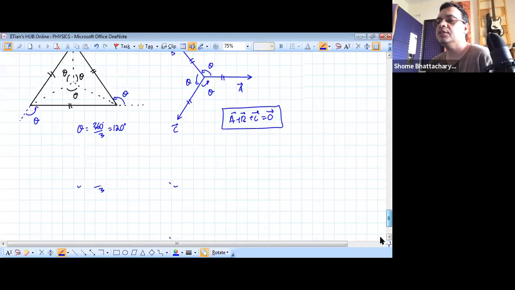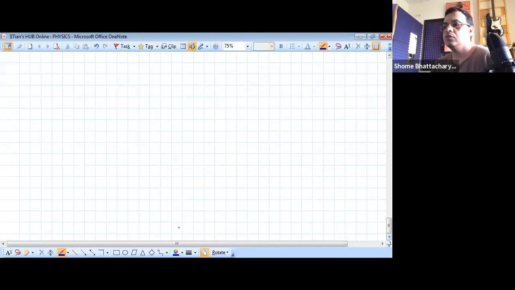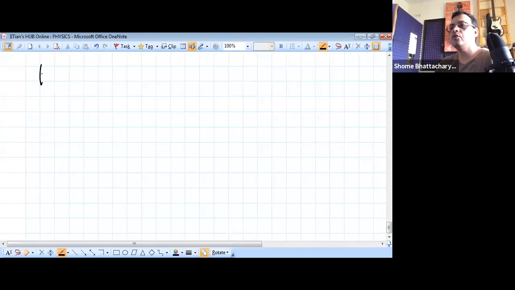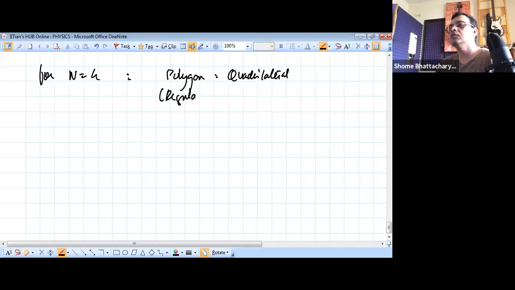Now likewise, if we explore the geometry of the 4-sided or 5-sided or 6-sided, you'll understand this happens. So for example, for n equal to 4, it's very easy to guess. The polygon becomes a quadrilateral, and if we're talking about a regular polygon, that regular quadrilateral becomes a square. So it's like this.